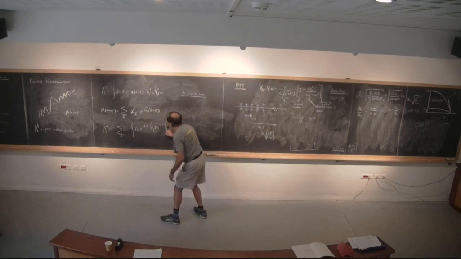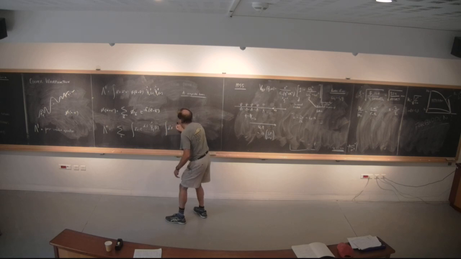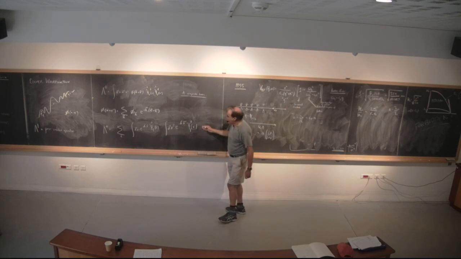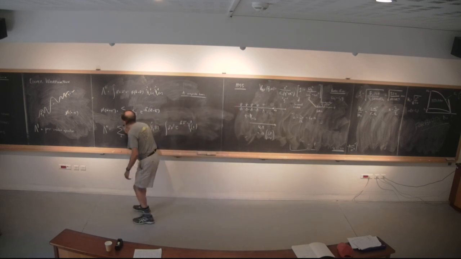And then I'm going to take the second integral over x prime, e to the minus i k dot x prime, and then psi of x prime down. Okay? That's the same thing here, where I've got to put my phi of k here.